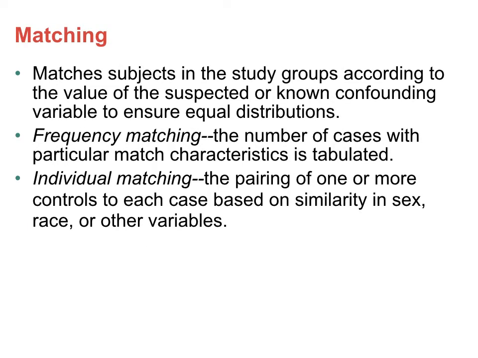Then we have matching, which we haven't talked about at all, but it's something that you should know exists. This is when subjects are matched in a study according to the value of a suspected or known confounding variable to ensure equal distributions. We can do frequency or individual matching.